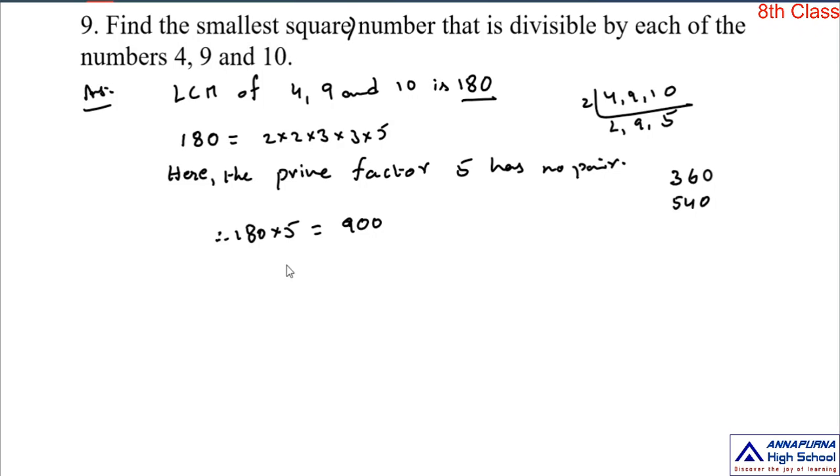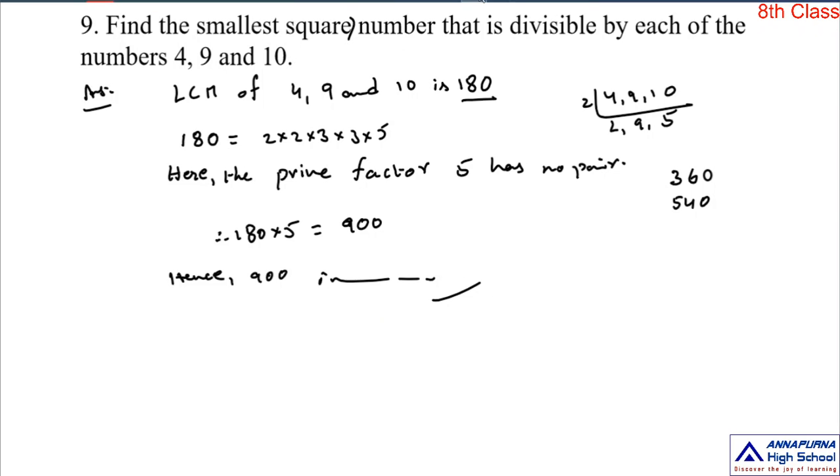And you remember this 900 is a multiple of 180. Why? Because we get this 900 by multiplying 180 by a number. So 180 into 5 is equal to 900. And this 900 is the smallest square number which is divisible by 4, 9 and 10. Hence 900 is the smallest perfect square number which is divisible by 4, 9 and 10.